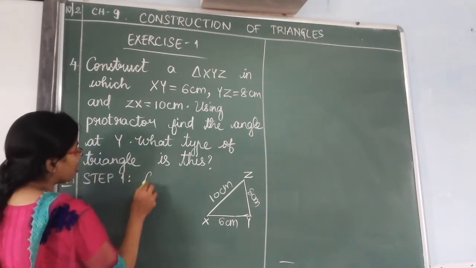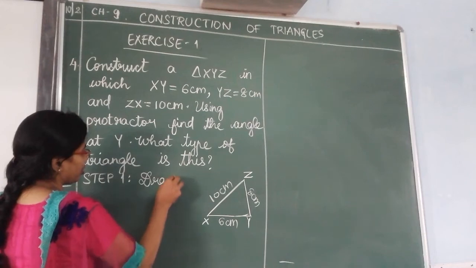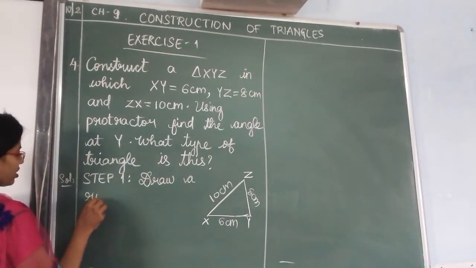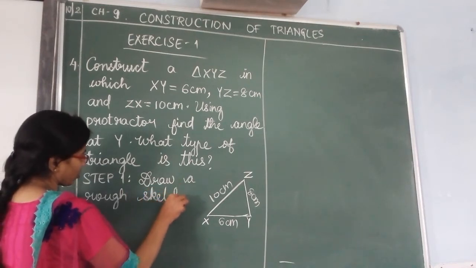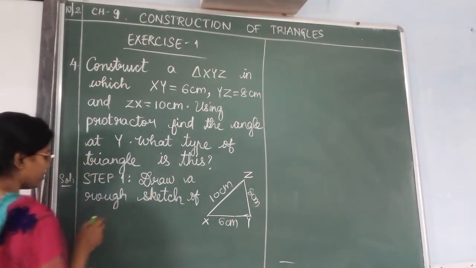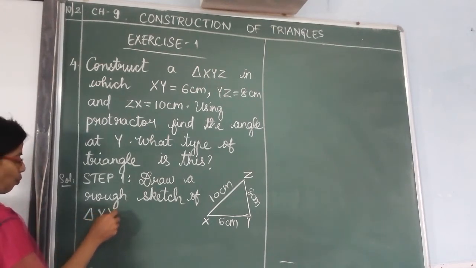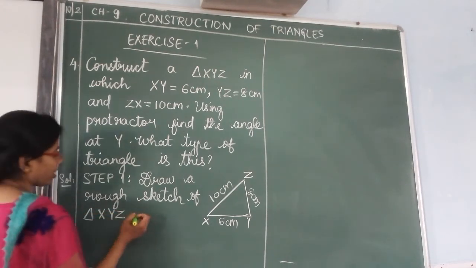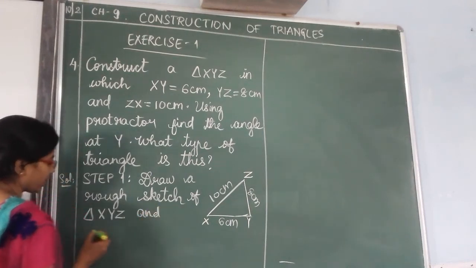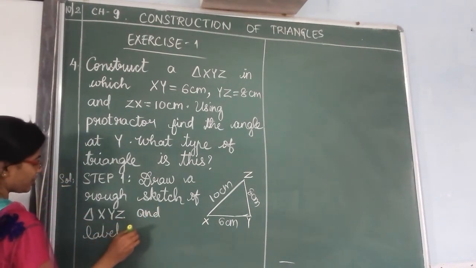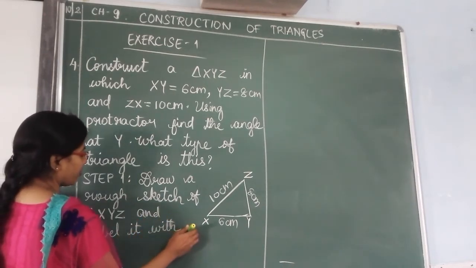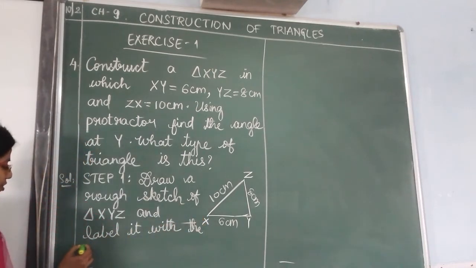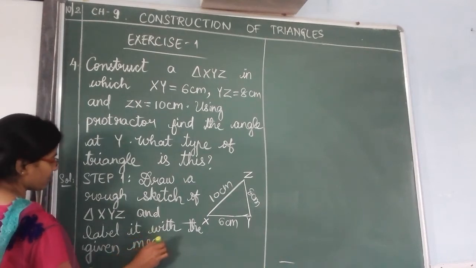Step 1 is draw a rough sketch of triangle XYZ and label it with the given measurements.